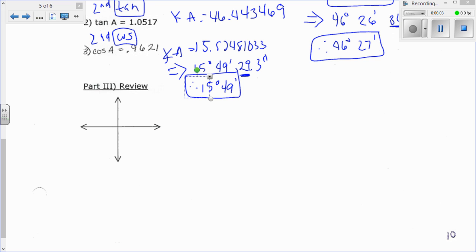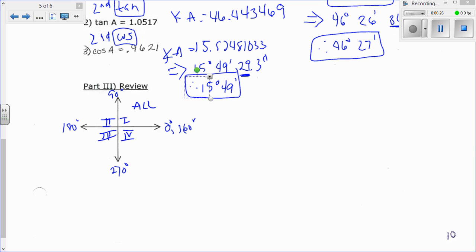We have a little bit of review here. Remember, 0 degrees, 90 degrees, 180 degrees, 270 degrees, and this is also 360 degrees. This is quadrant 1, quadrant 2, quadrant 3, quadrant 4.